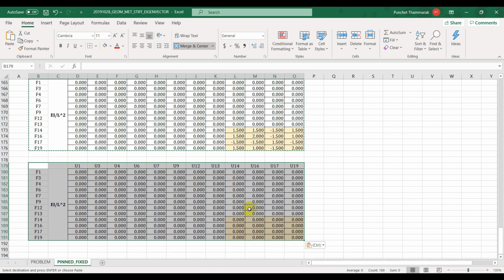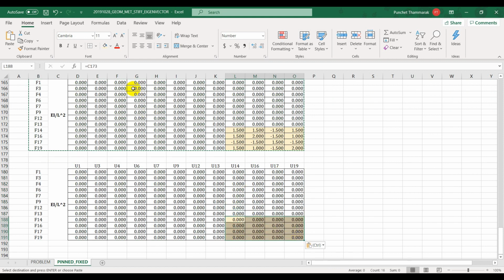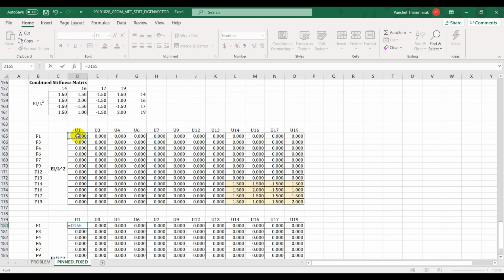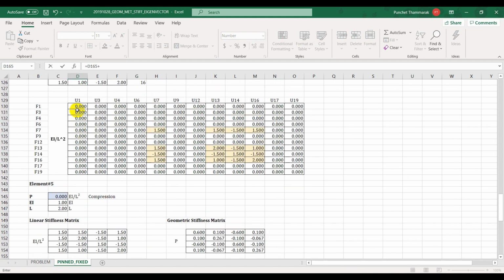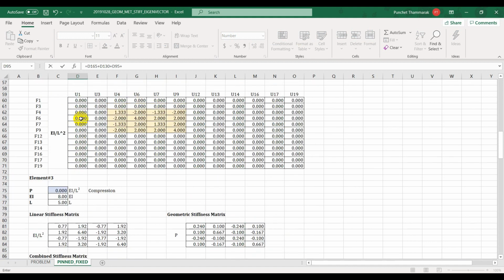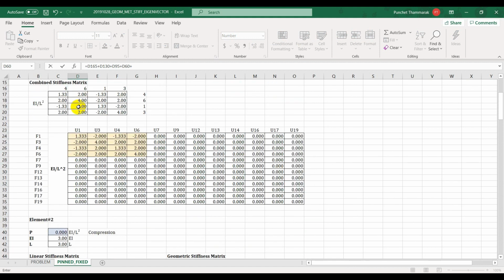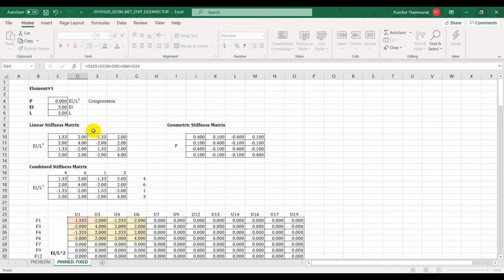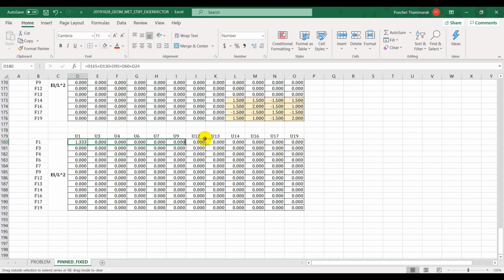Actually, I don't really have to keep the support degree of freedom, but okay, next problem I'm gonna need it. 0 first, okay, and then we have this add up with this one and add up with this one and add up with this one and add it up with this one, the last one. Okay, I got that, and copy and copy.